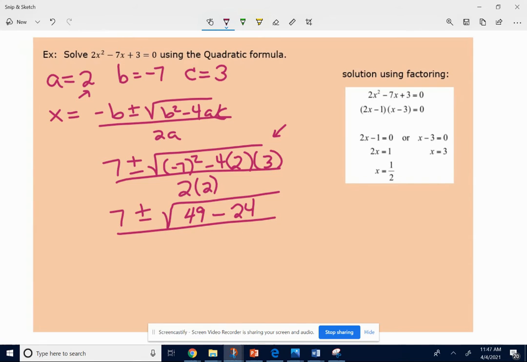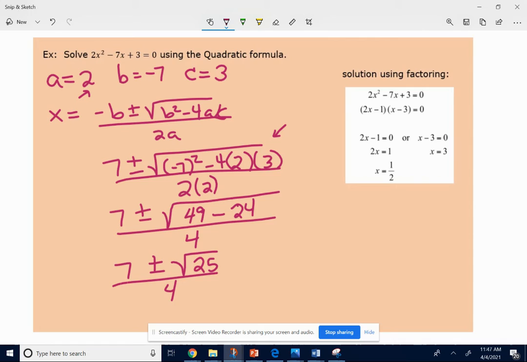I'm just going to go ahead and do 2 times 2 on the bottom, 4. I'm still inside the square root: 49 minus 24 is 25. So I have 7 plus or minus the square root of 25, all over 4.